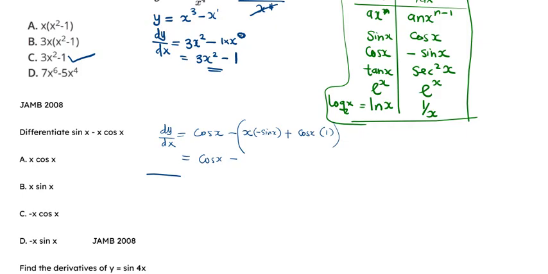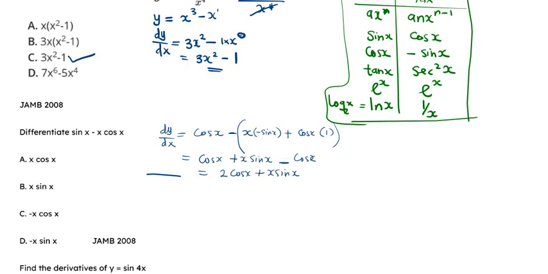Then we have another plus cos x, which will eventually give us 2 cos x plus x sin x. Oh sorry, there's a mistake here. When we are opening the bracket, we forgot this minus. So minus times plus here is minus. So please, let's be very careful. Sometimes minus signs can be a very big trouble.